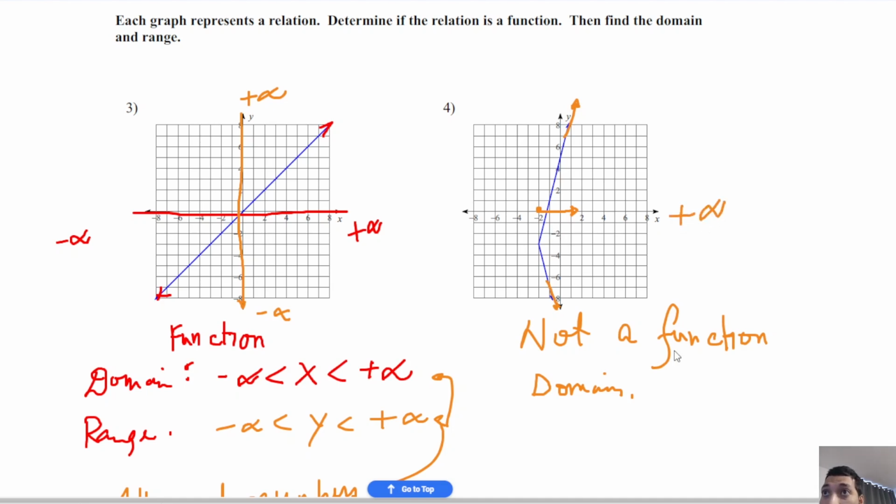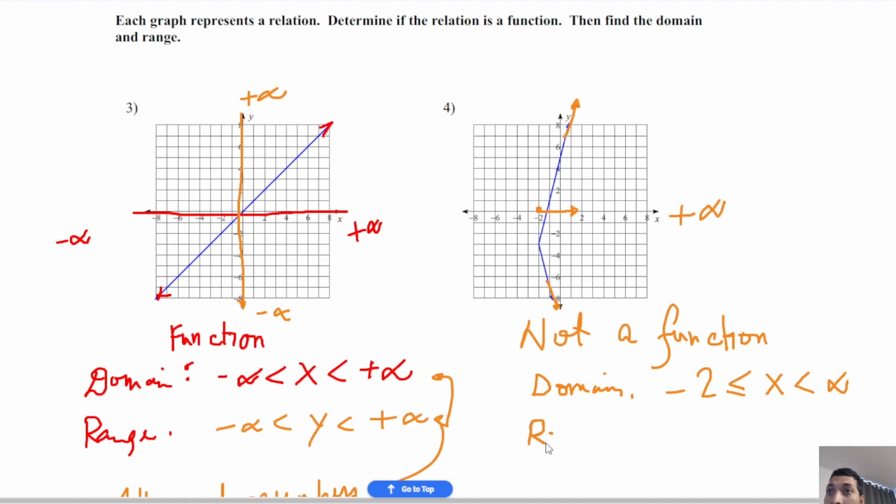So we start off at -2 less than or equal to x. Since this value is included, we put an equal sign, but we put +infinity, and we don't need to put an equal sign right here because this infinity is not actually any number.